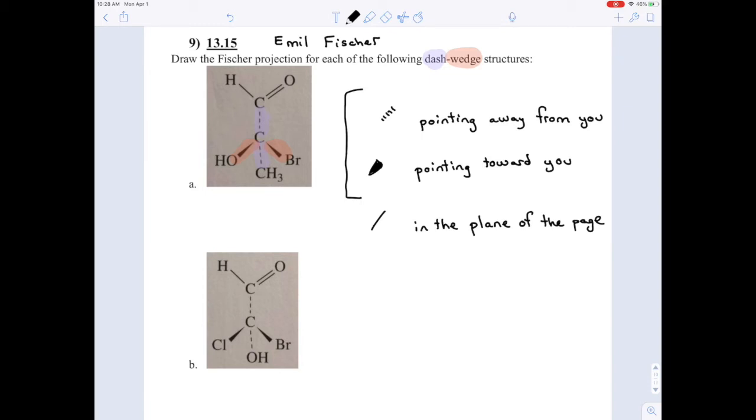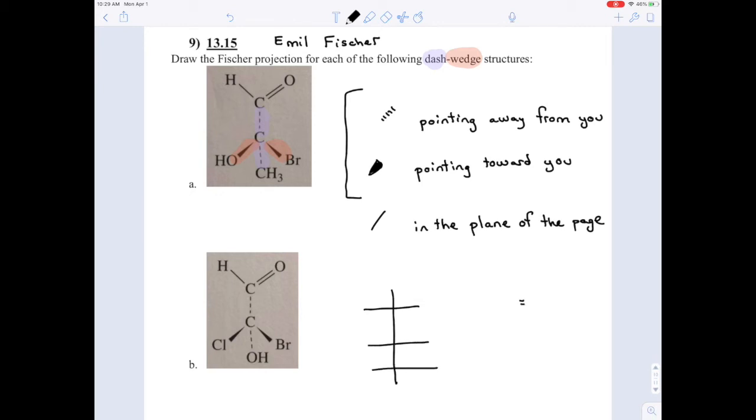In his type of drawing, which is called a Fischer projection, the vertical bonds are all assumed to be going away, exactly how they're drawn here in A and B. The horizontal bonds are just assumed to be coming out at you.